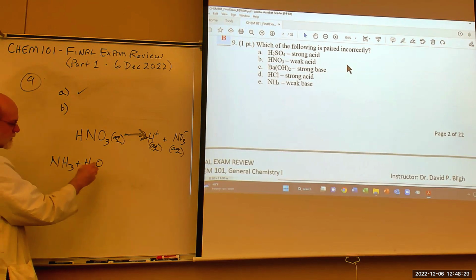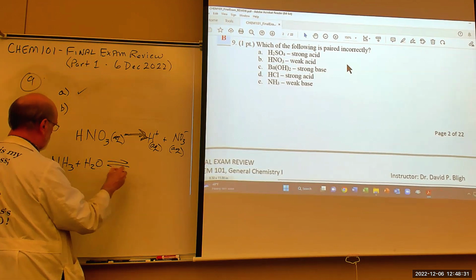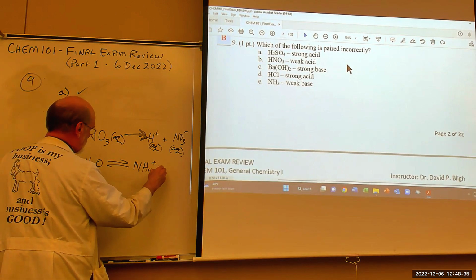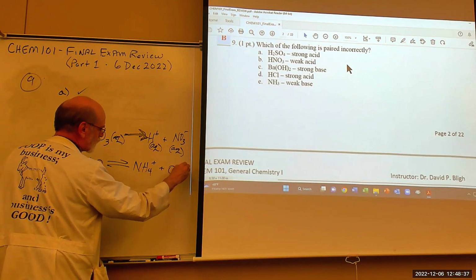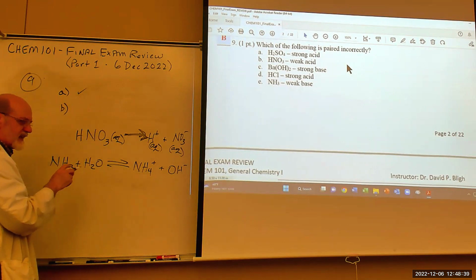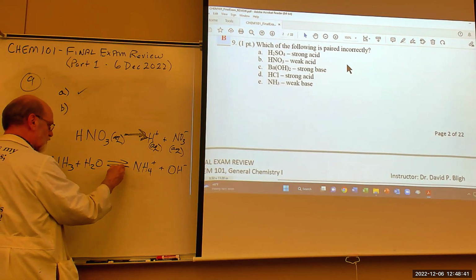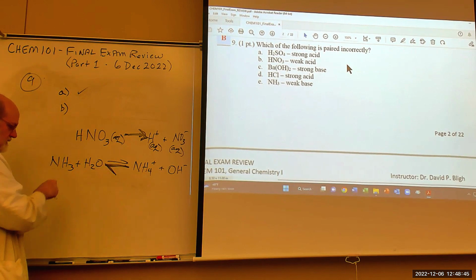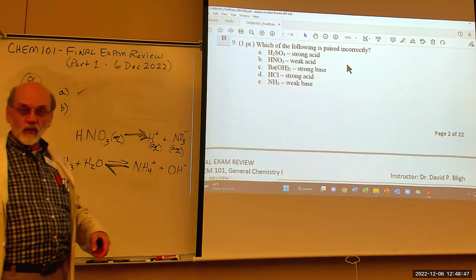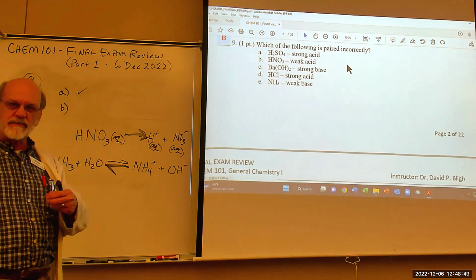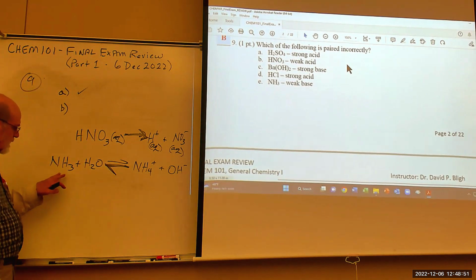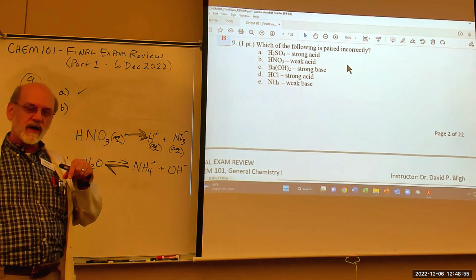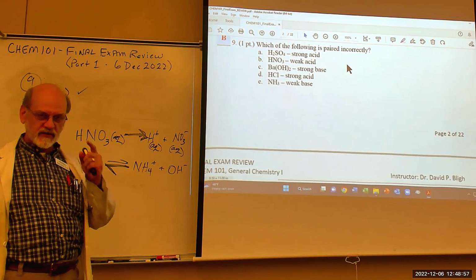Because when it hydrolyzes with water, it picks up a proton and leaves behind a hydroxyl, but the equilibrium here is way, way over here. It doesn't want a proton, maybe a few of them, but not many. That makes it a weak base. It's a weak proton acceptor. That's a weak base.